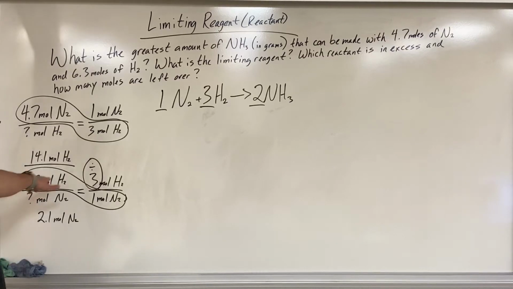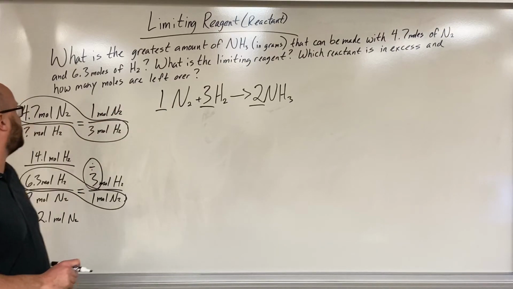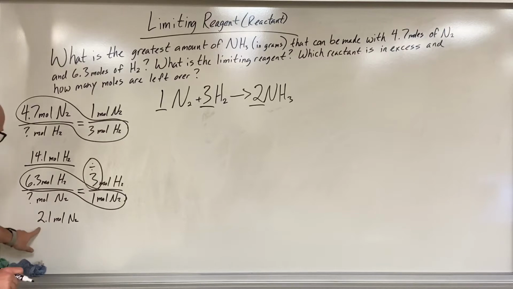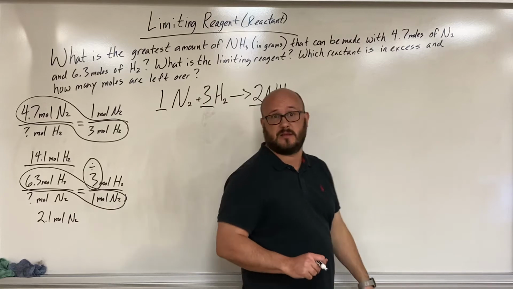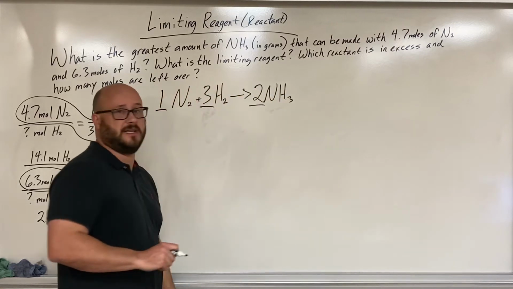So for the amount of hydrogen the problem gives us, 6.3 moles, we need 2.1 moles of nitrogen to be able to use this all up. Do we have that? 2.1? We got plenty. 4.7 is how much they give us.